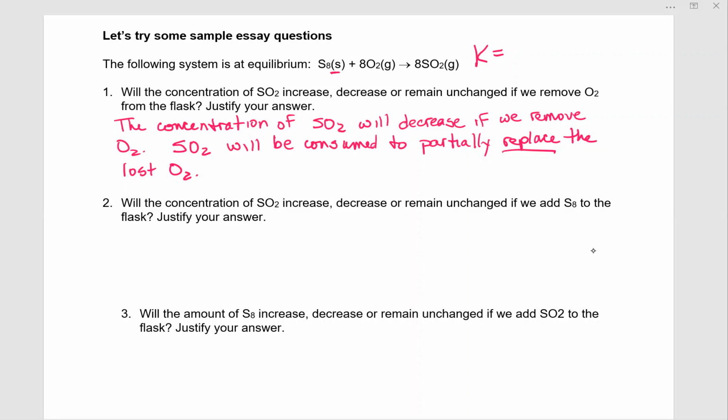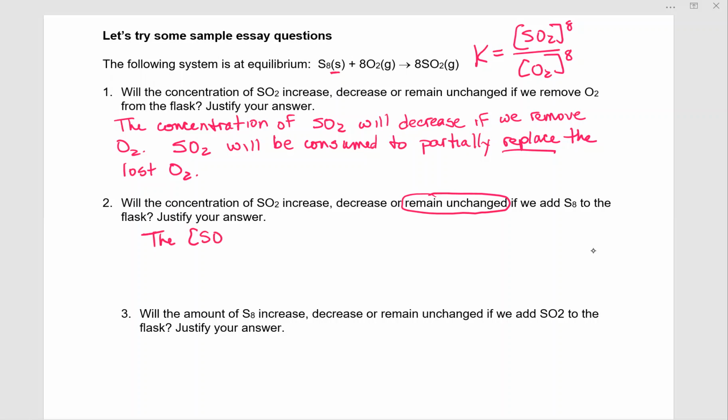So our equilibrium equation is SO2 raised to the 8th power over O2 raised to the 8th power. Do you see S8 anywhere in that equation? And the answer is no. So the concentration of SO2 will remain unchanged if we add S8 to the flask.